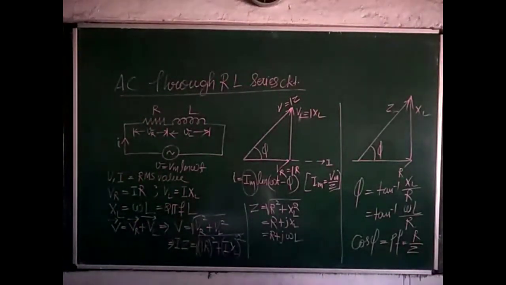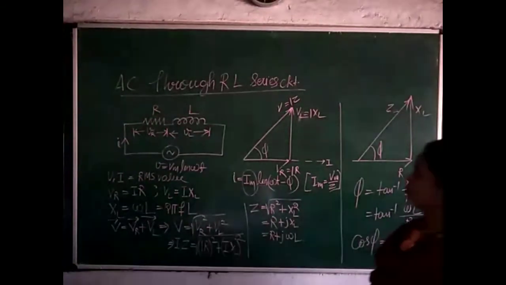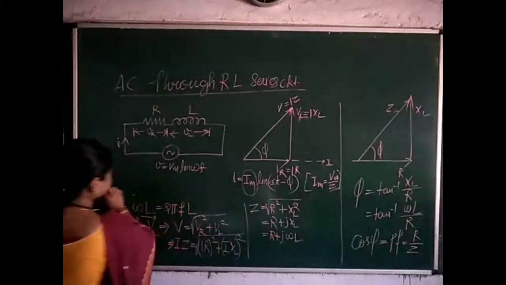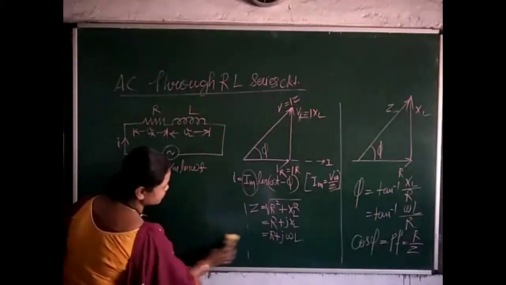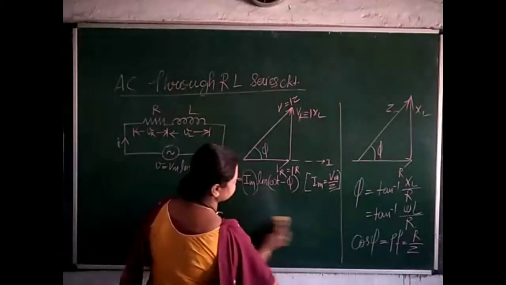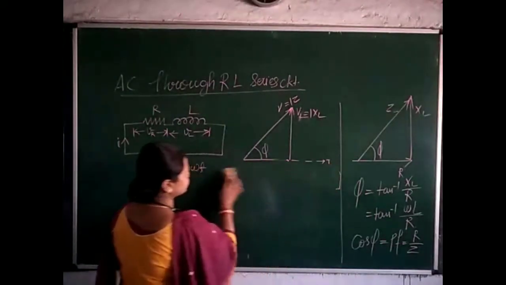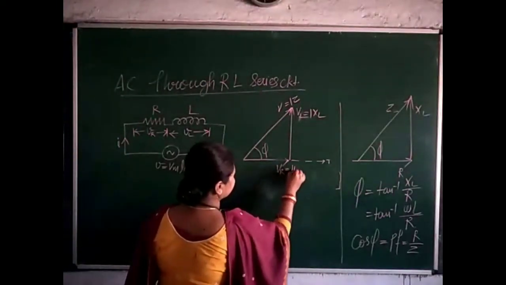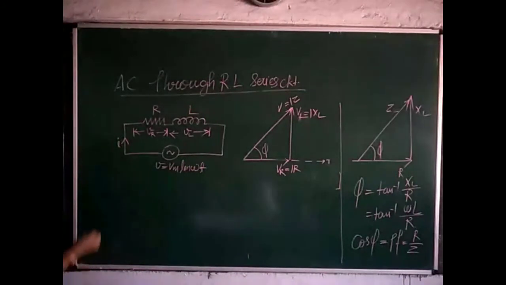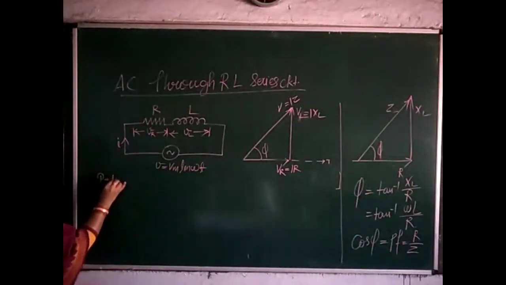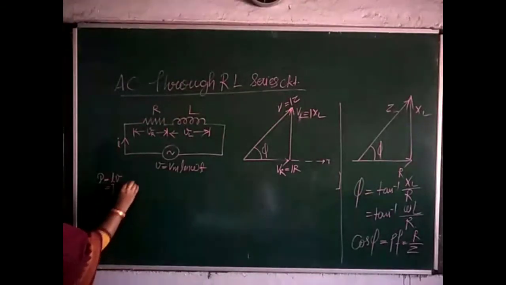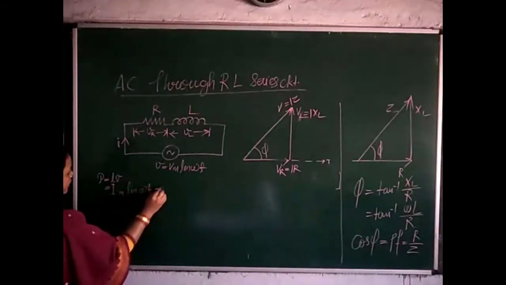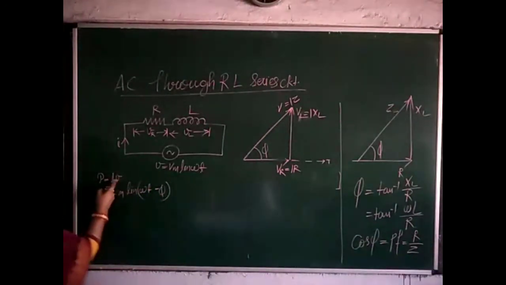Next we derive the instantaneous power. This is VR. Instantaneous power is the product of the instantaneous value of current and voltage. What is the current equation? It is Im sin(omega t minus phi). And what is the voltage equation?